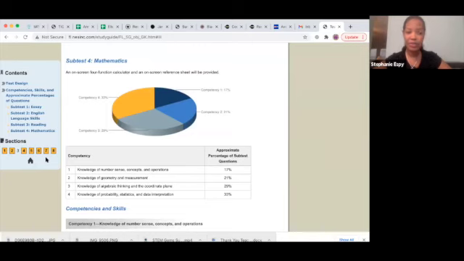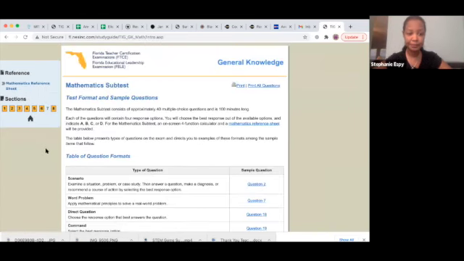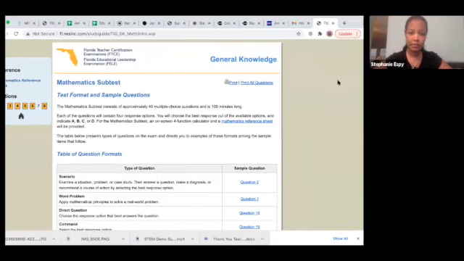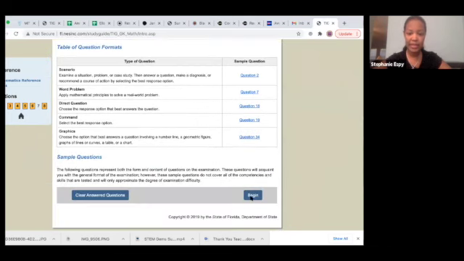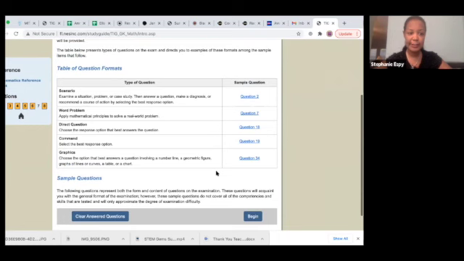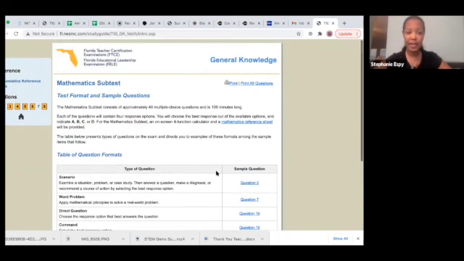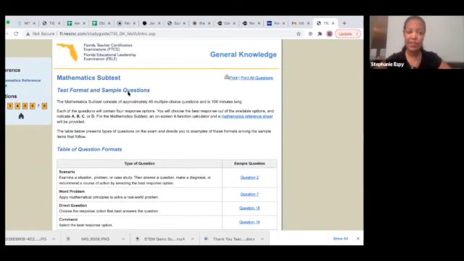I'm going to jump to section number 7, which is some math multiple choice questions. We're going to begin some sample questions. You see on this page it says the test format and sample questions.